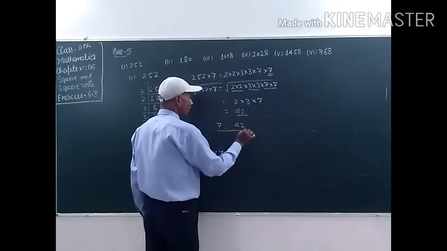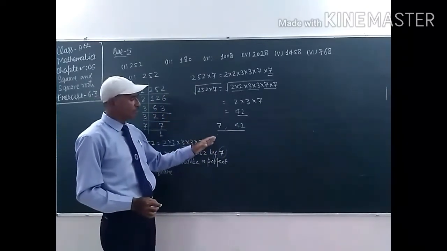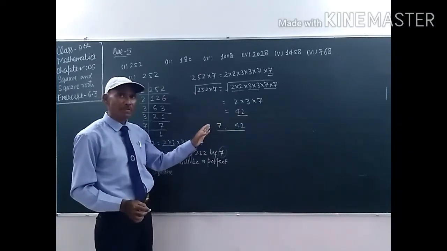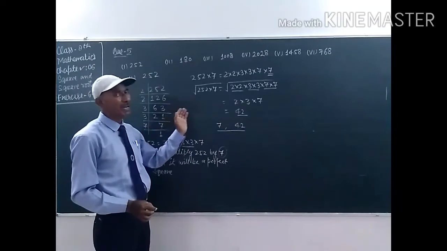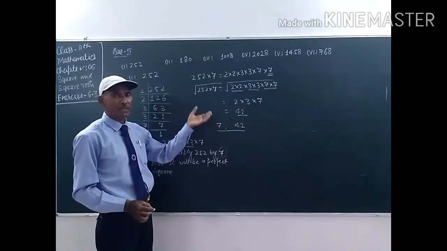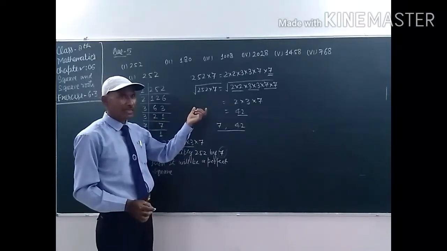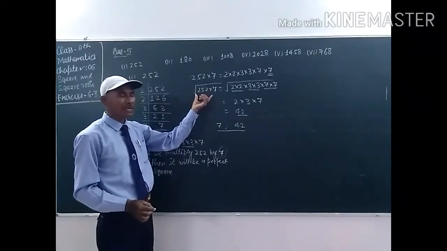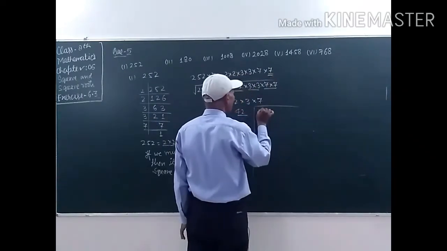There are two answers, student. In the first part of the question, we have to find the smallest number by which we have to multiply it to make it a perfect square, and after that we have to find the square root of the number that is obtained. Clear, student? So we have obtained this number and the square root of this number is 42, student. This one is the fifth part, student.